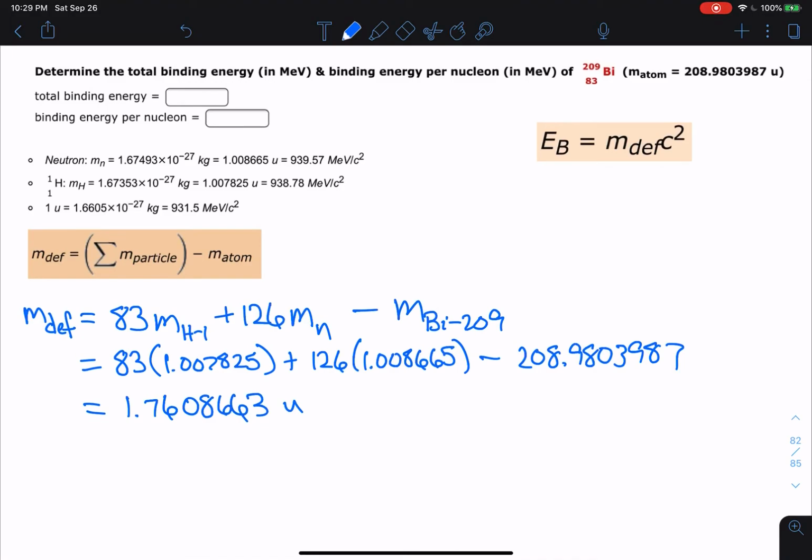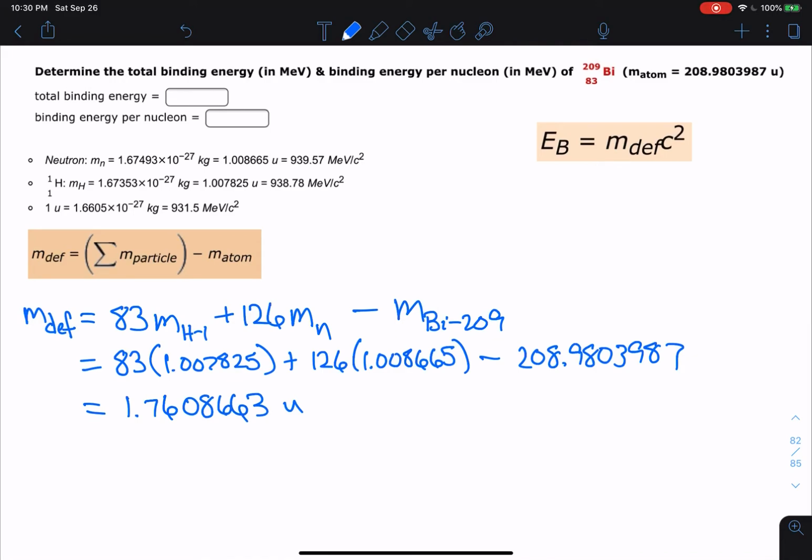So a small amount of matter has been converted. You can see it's less than 1% that has been turned into energy. Okay, so that's the mass defect.